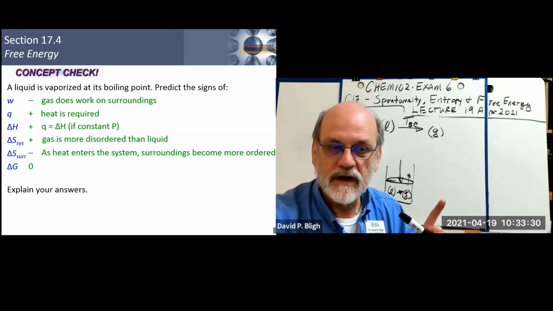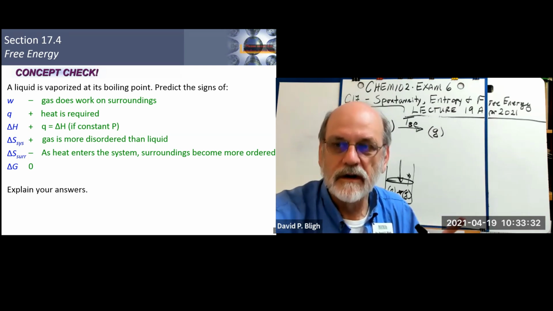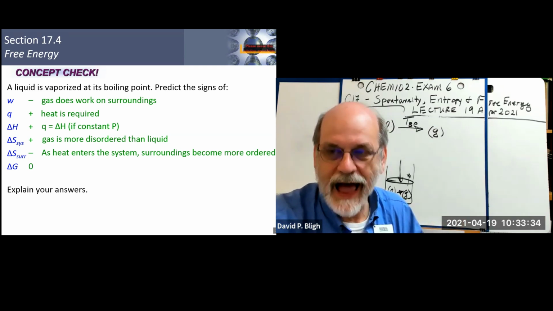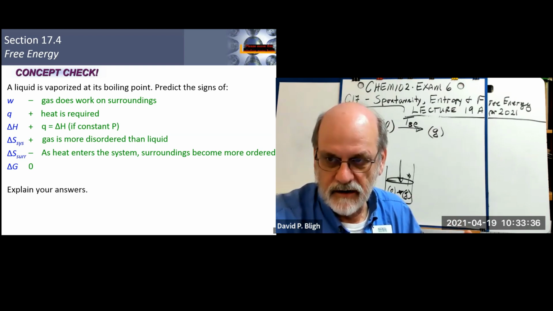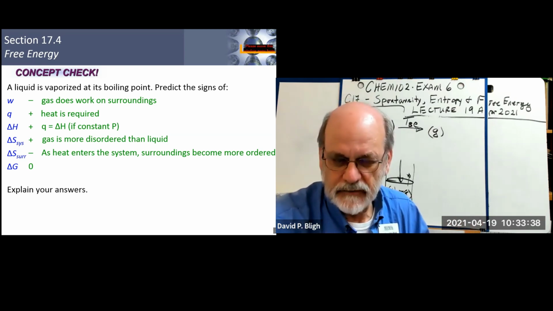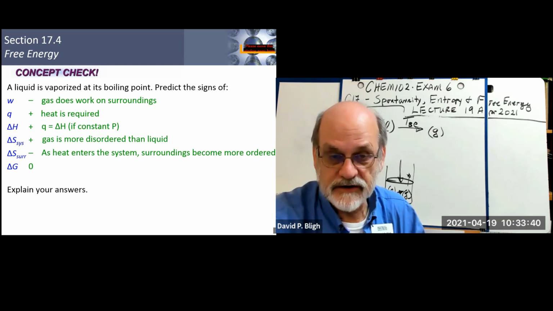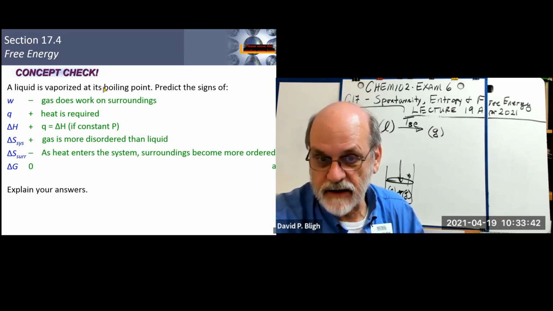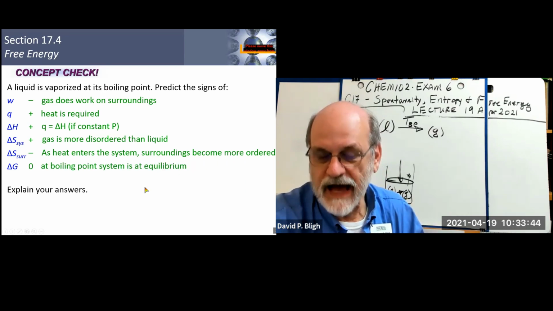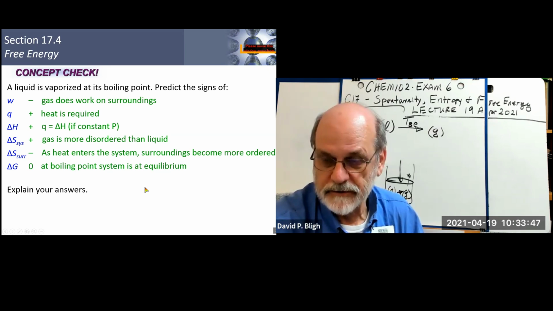In other words, the delta S total is 0 at the boiling point or at the melting point. So delta G here has to be 0. That's where this key comes in, this boiling point. At the boiling point, you're at equilibrium.